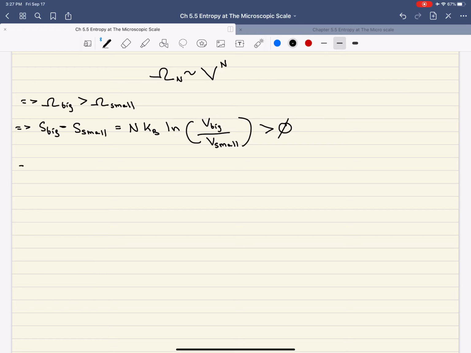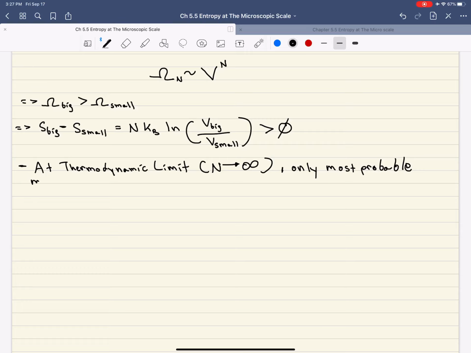The reason I bring that up is that we have to remember that at the thermodynamic limit, which is when the number of molecules in our system approaches infinity, only the most probable macrostate is observed.